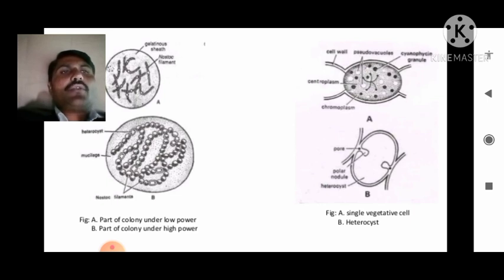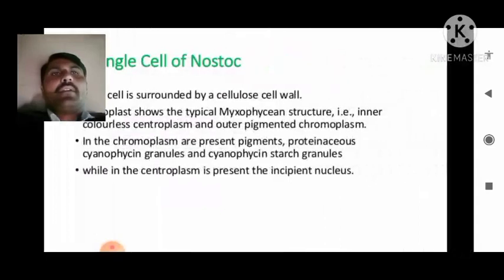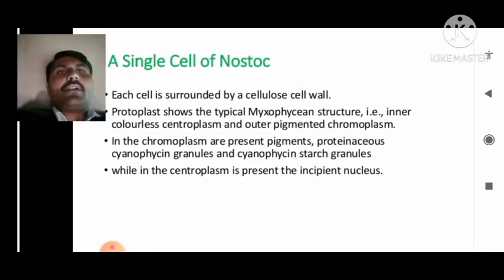Such a polar nodule has a pore in it. This polar nodule is present on both the spherical parts of the heterocyst. Single cell of a Nostoc.